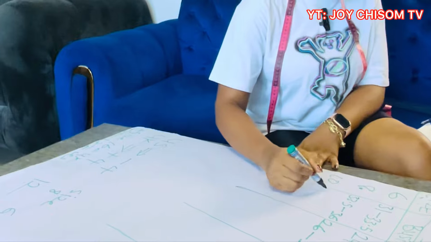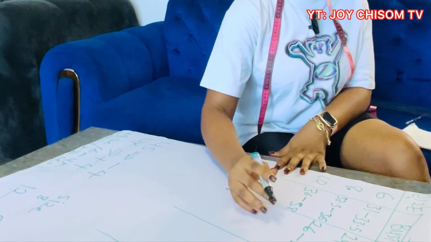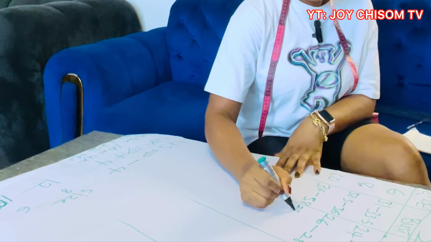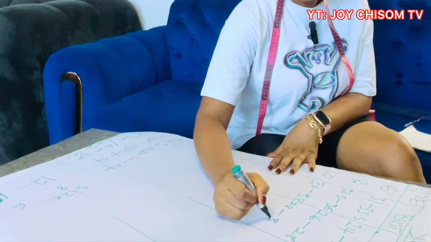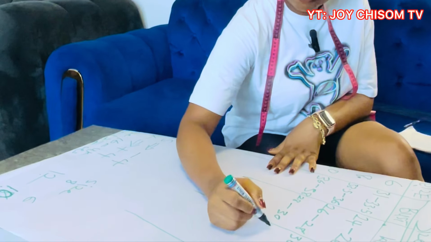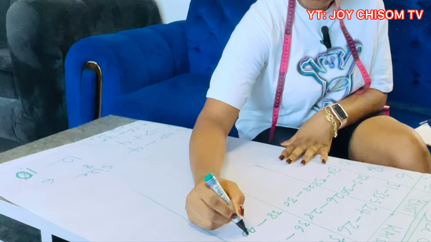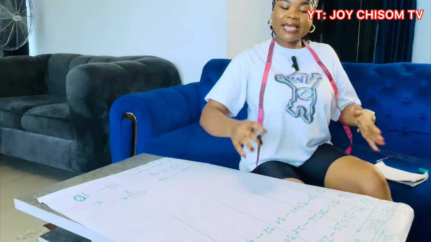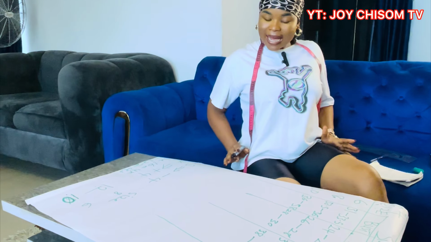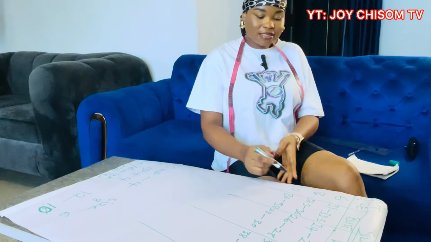Then size 10 is what? 36. From 36 to what? 38. This one from 28 to 30. Then from 38 to what? 40. I can do 40.5 if I want. Why am I doing this 40.5? In case someone that has a little hip that is almost 41 but is not 41 can still wear size 10.